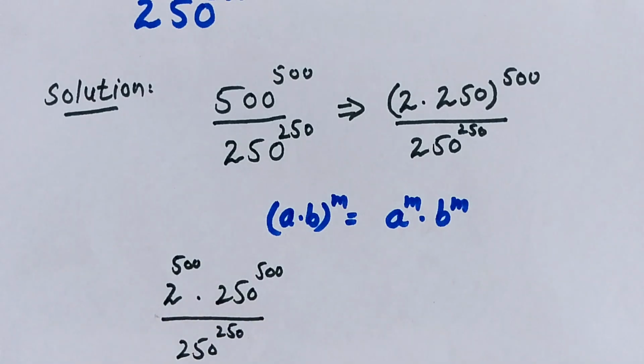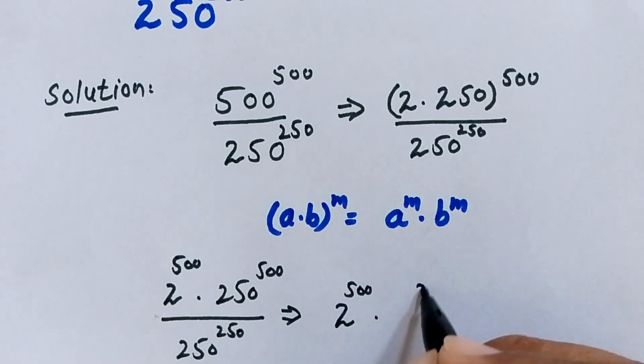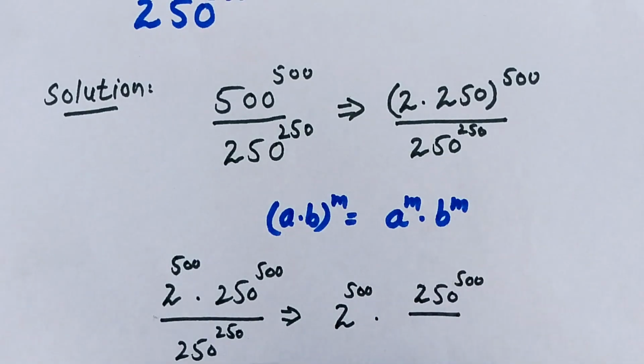In the next step, 2 to the power of 500 times 250 to the power of 500 divided by 250 to the power of 250.